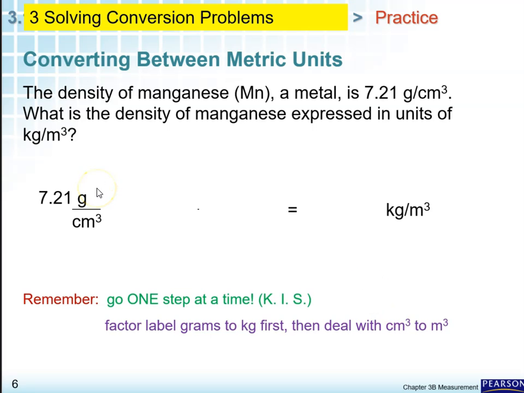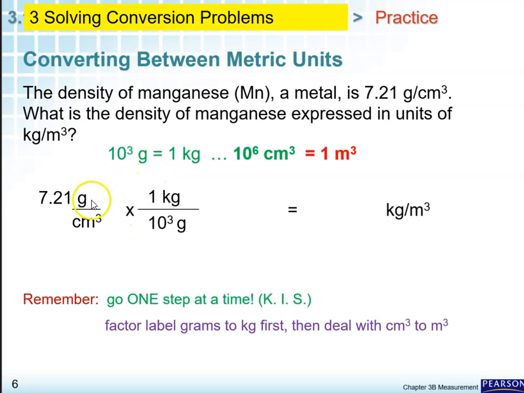We know how to go from grams to kilograms. We're going to start with our equalities up here so we have them handy. The relationship between grams and kilograms, we can take that equality and turn it into a conversion factor. Notice grams goes on the bottom, so they cancel out, and we're left with kilogram. The next step is we need to get rid of the cubic centimeters. That relationship is up here, cubic centimeters, meters cubed.